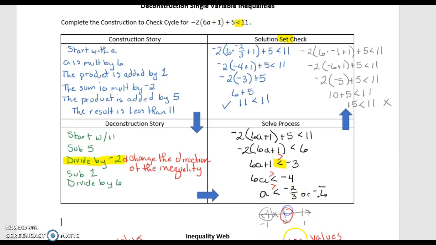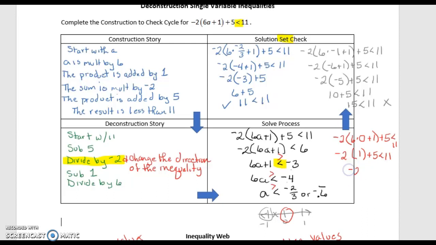So I'm going to check 0. And when I plug 0 in, I'm going to do it down here, negative 2 times 6 times 0 plus 1, and we're going to plus 5, and we're going to see if that's less than 11. And so now we have negative 2, and then this is 6 times 0 plus 1 is just 1, plus 5, is that less than 11?